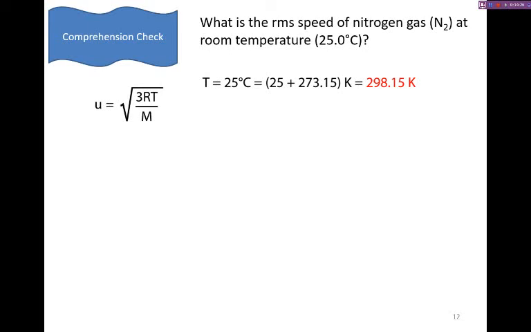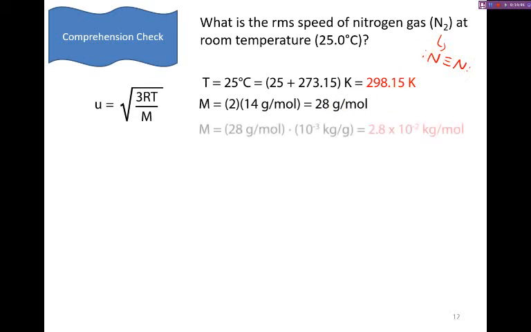That will get us our temperature in Kelvin. The molar mass is found by taking the atomic mass of nitrogen times 2, because there are 2 nitrogen atoms. So that's 28 grams per mole. However, we need to convert this to kilograms per mole.